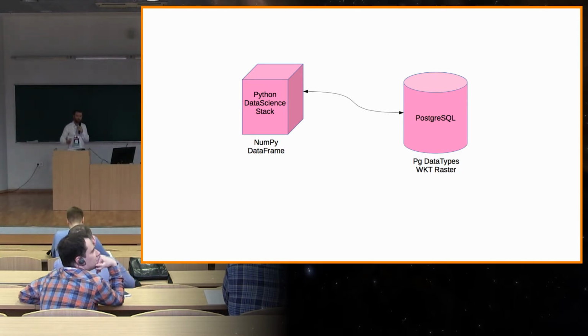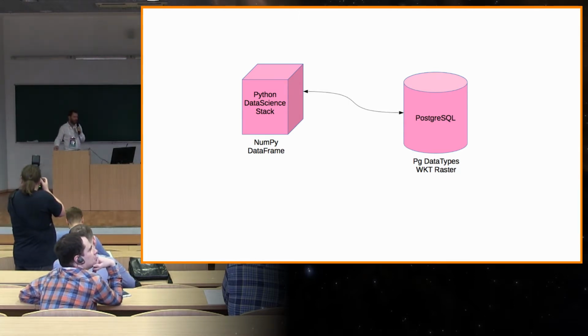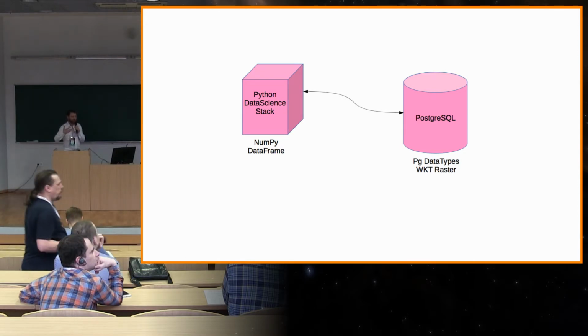So I don't know if you already know well WKT raster. It's a kind of data type able to handle raster, so it's a kind of grid, but with as many bands as you want, so you could look at it as a cube of data.